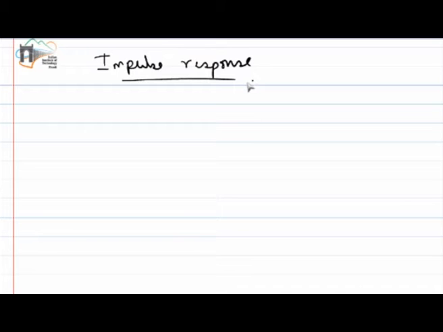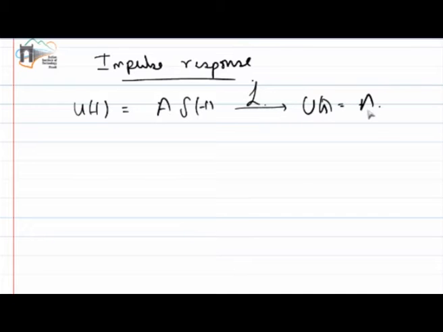The impulse response is pretty much straightforward. We have an input which is a direct delta function with area A and represented by A delta(t). If I take the Laplace transform of this signal, I would get U is equal to A.